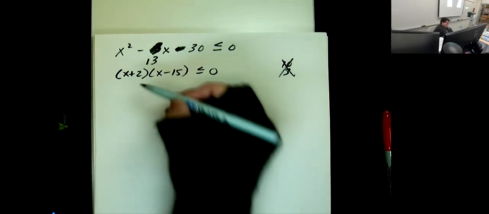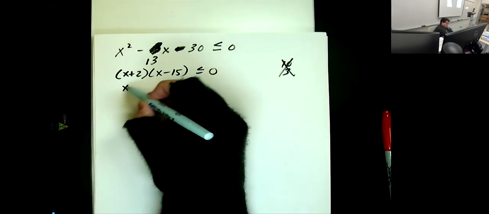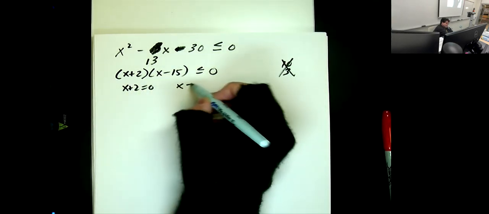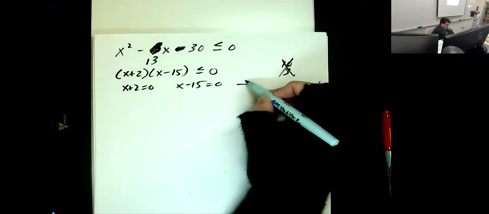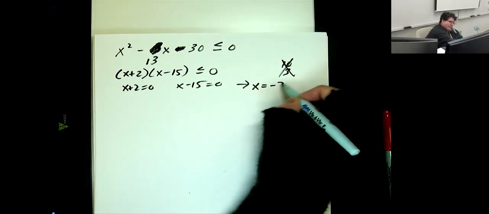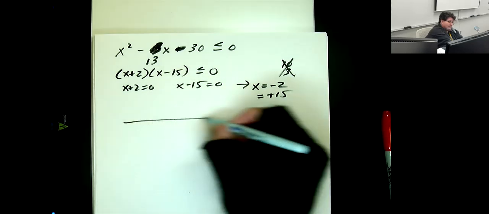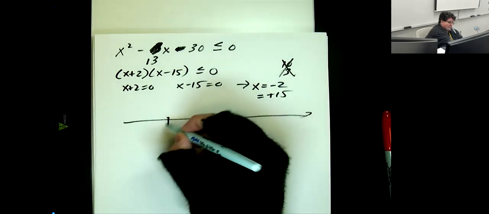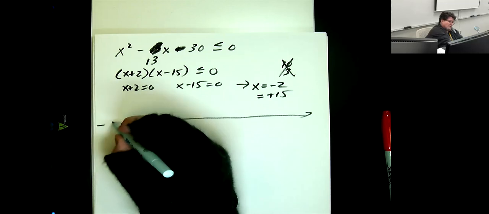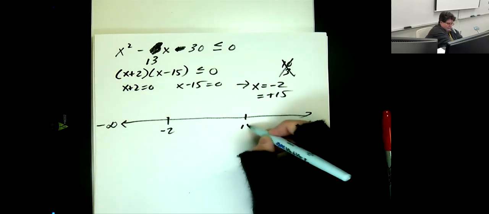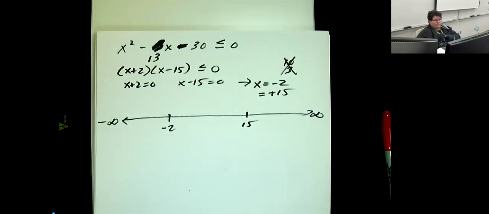So that means if I set these equal to 0, I get critical points of -2 and +15. Now we test it.